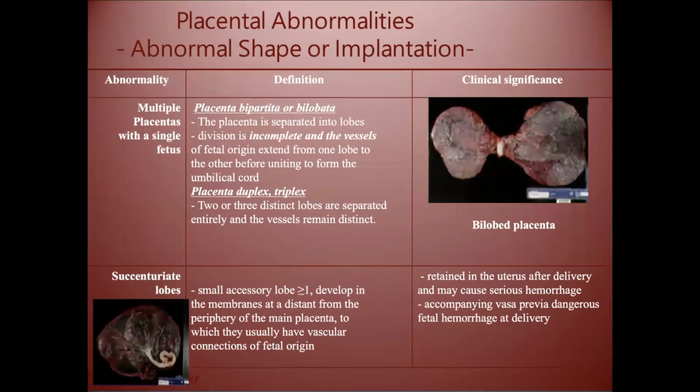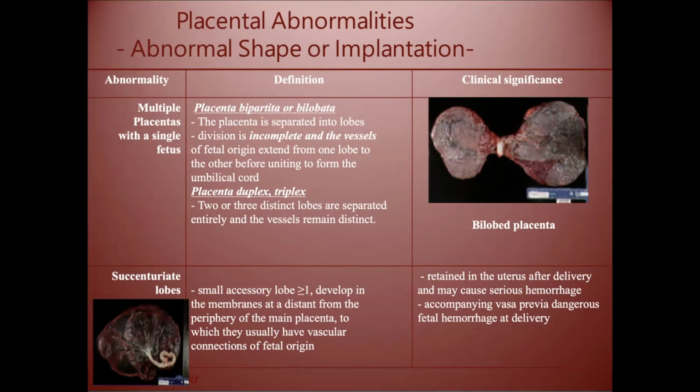Placental abnormal shapes or implantations. To be classified as biparietate or triparietate, the 2 or 3 lobes of the placenta should be separated by a membrane and be of equal size. There is no certain information on how multi-lobe placentas are formed.